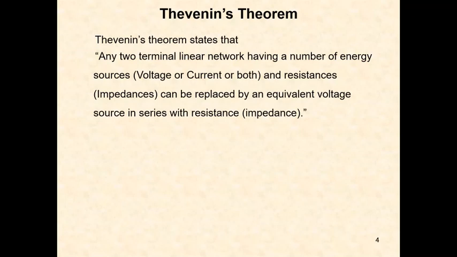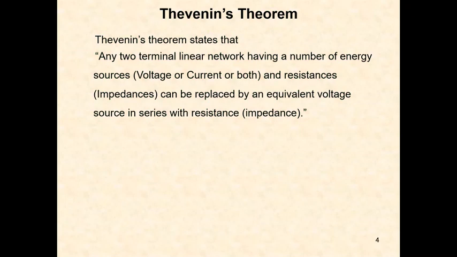Thevenin's theorem states that any two-terminal linear network having a number of energy sources, that is voltage or current or both, and resistances or impedances, can be replaced by an equivalent voltage source in series with resistance or impedance.